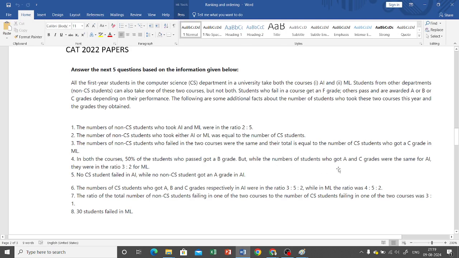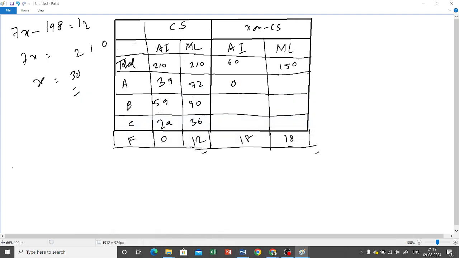While the number of students who got A and C grades were the same for AI. So that means C grades in AI is 2A plus 36.